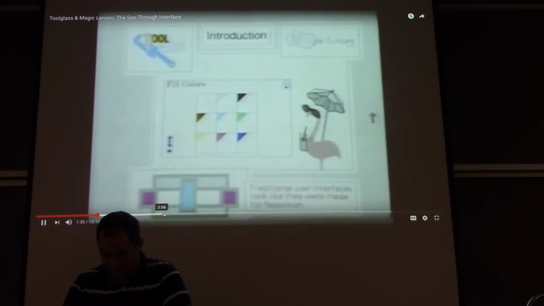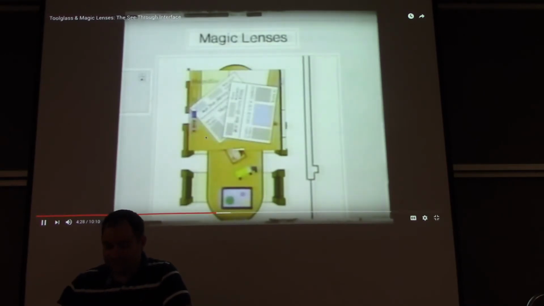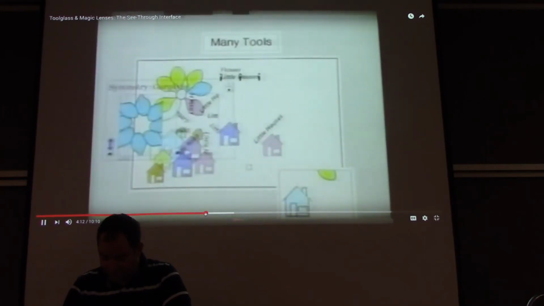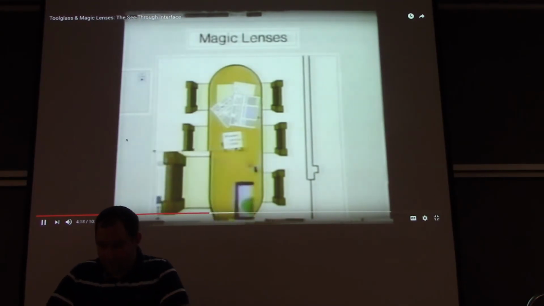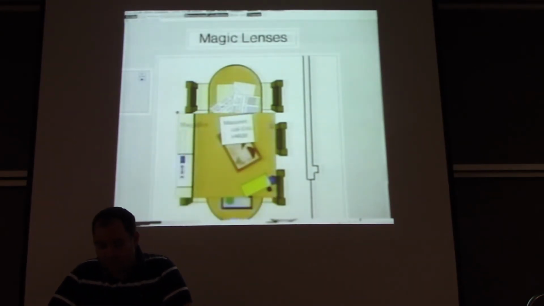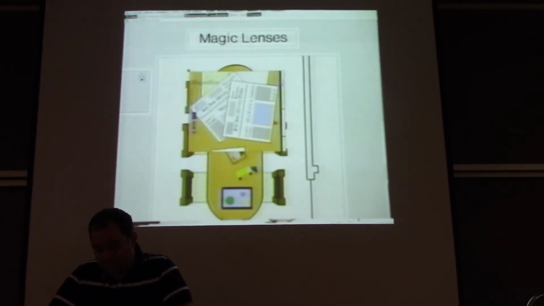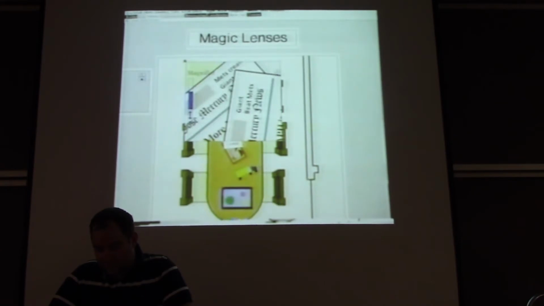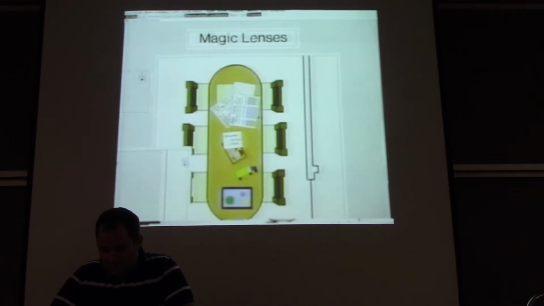Tool glass is a movable, transparent... Tool glass sheets can include magic lenses, visual filters that modify the appearance of the objects beneath them. For example, this lens magnifies the objects underneath. We control the magnification with this slider, increasing or decreasing. This second lens is a filter that shows only red objects.